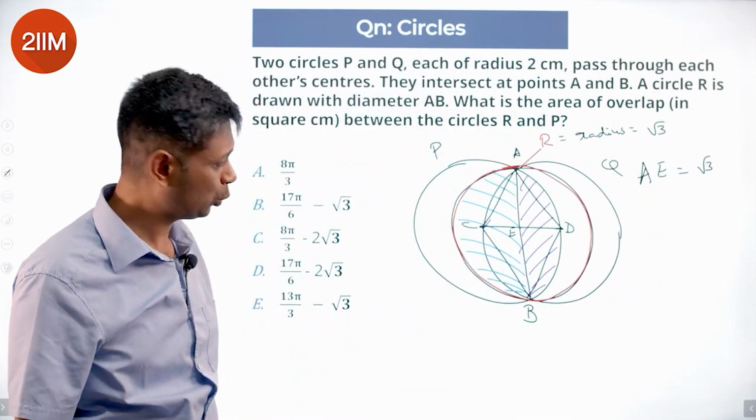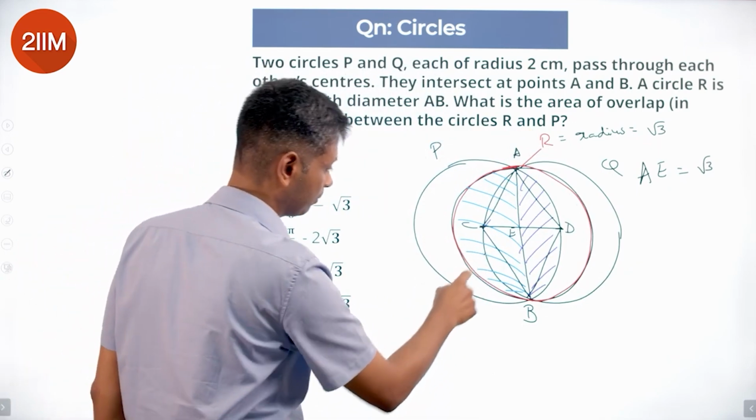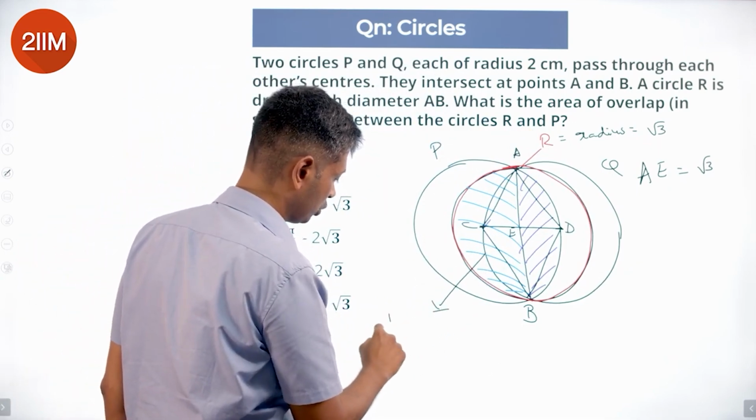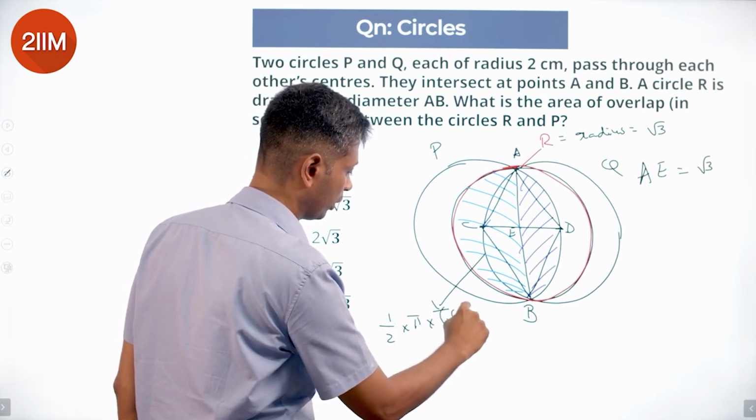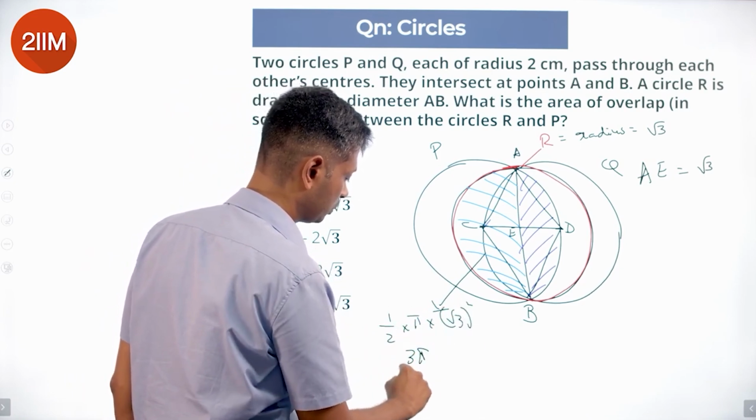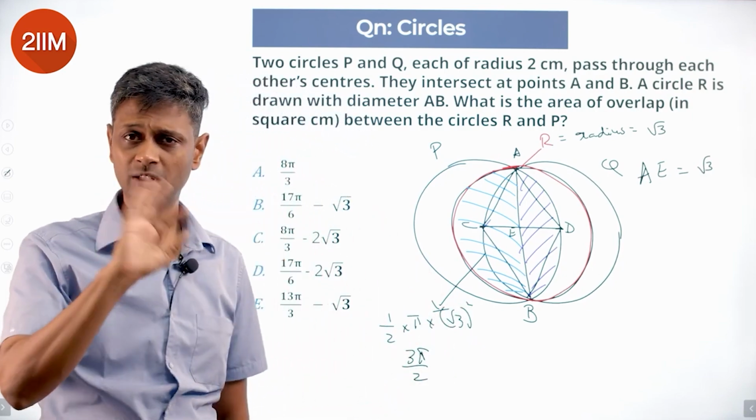Lovely. So with that we can find this area. It is 1 by 2 into pi into root 3 square, just 3 pi by 2. That part is done, comfortable.